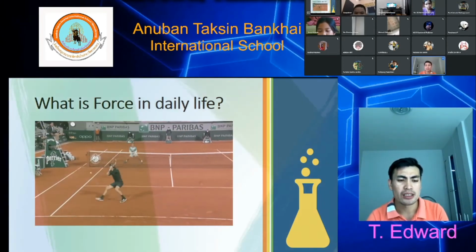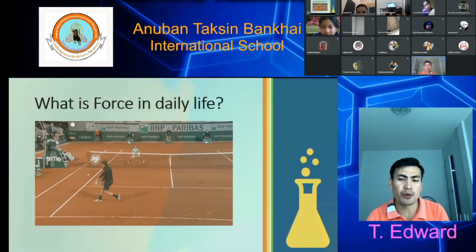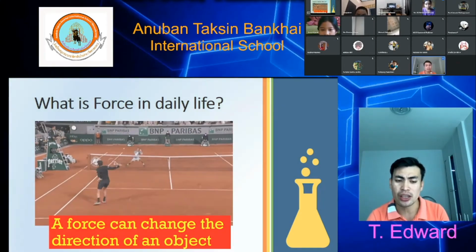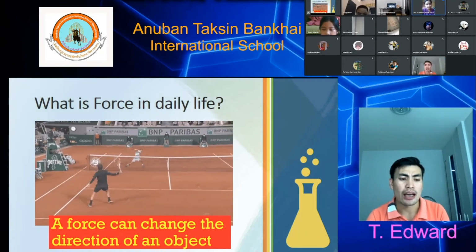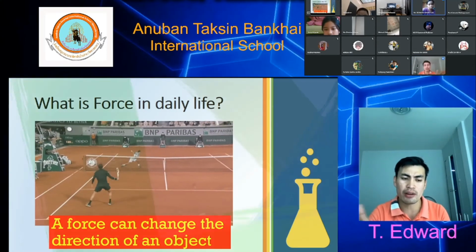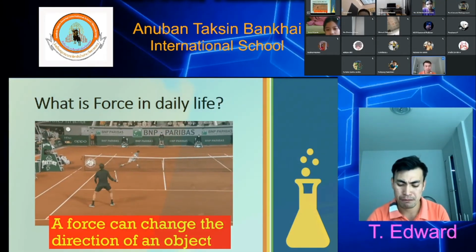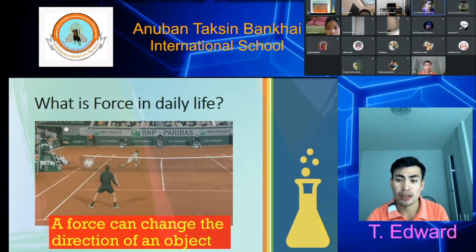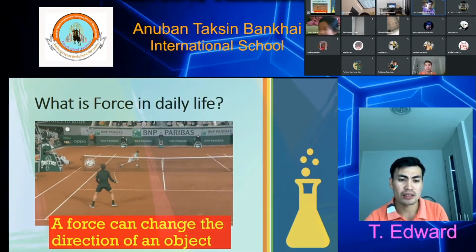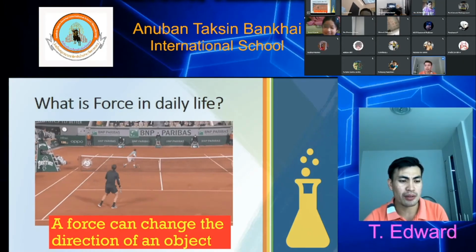So, the meaning of force here is a force can change. Change แปลว่าอะไร เปลี่ยนใช่ไหม A force can change the direction. Direction แปลว่าอะไร What does the word direction mean?